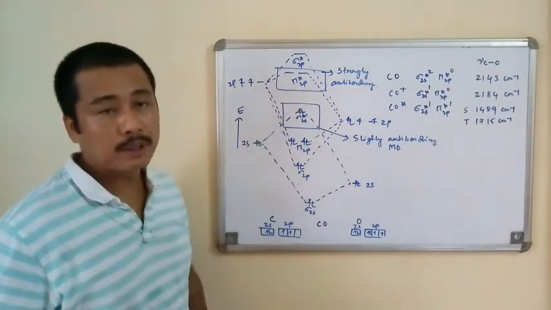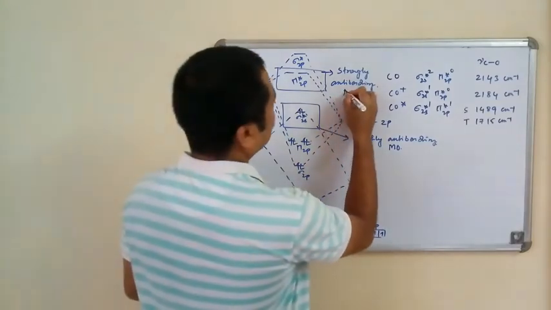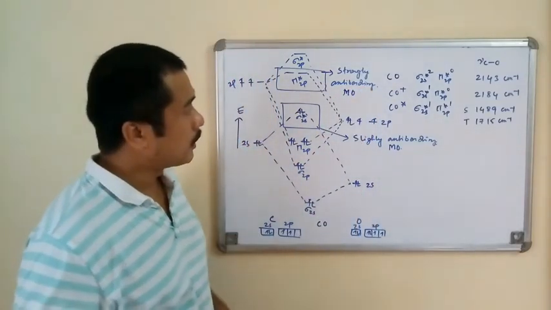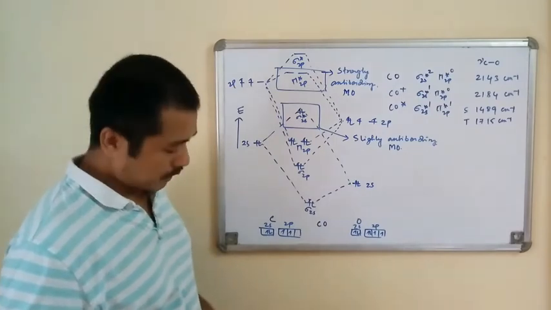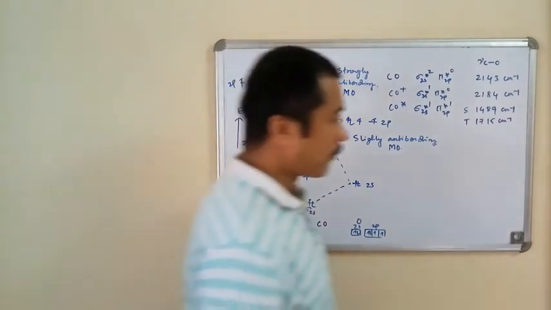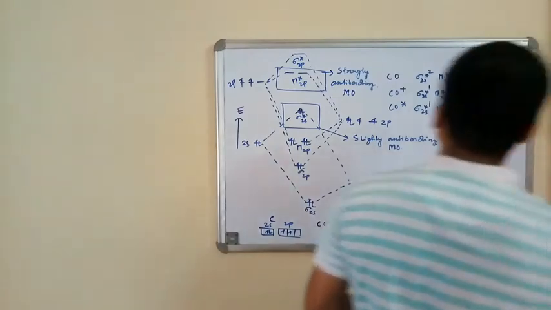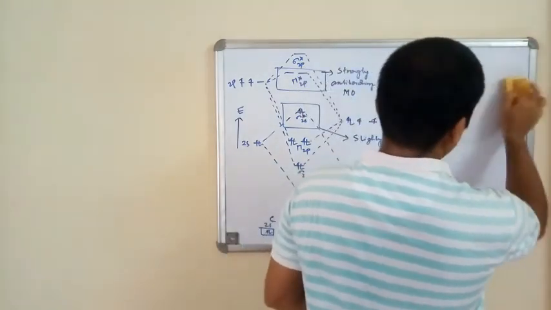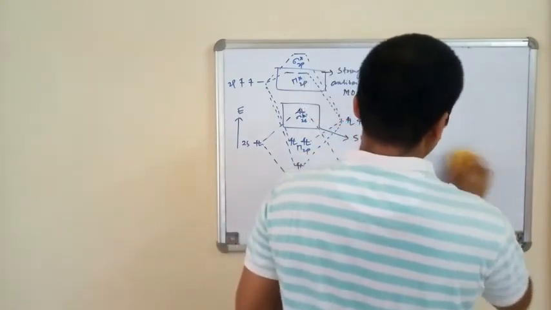So it must be a strongly antibonding molecular orbital. So now from this experimental data, we have understood the nature of these molecular orbitals. Let us now try to draw these molecular orbitals so that we can see how they interact with metal d orbitals.